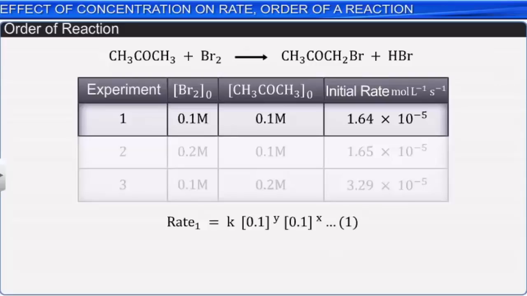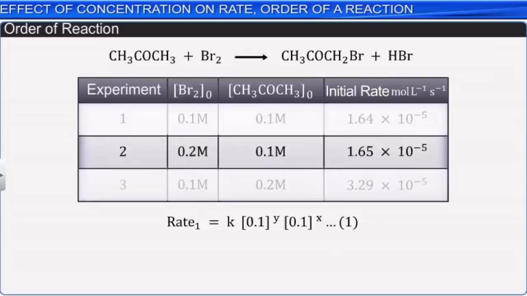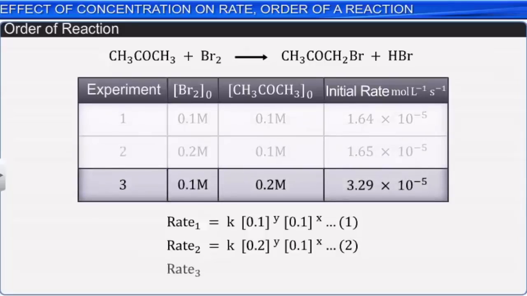For experiment 2, rate 2 is equal to K multiplied by 0.2 to the power Y multiplied by 0.1 to the power X. Let this be equation 2. For experiment 3, rate 3 is equal to K multiplied by 0.1 to the power Y multiplied by 0.2 to the power X. Let this be equation 3.